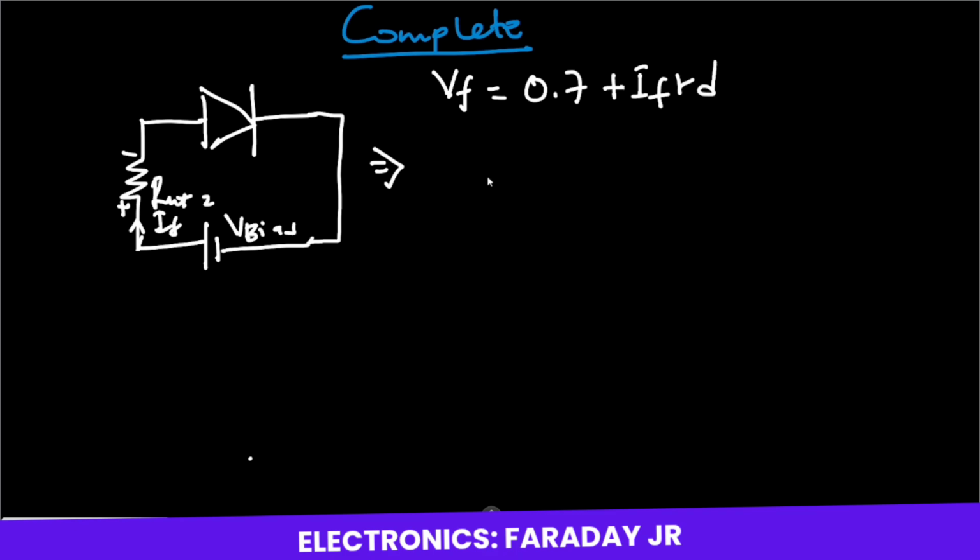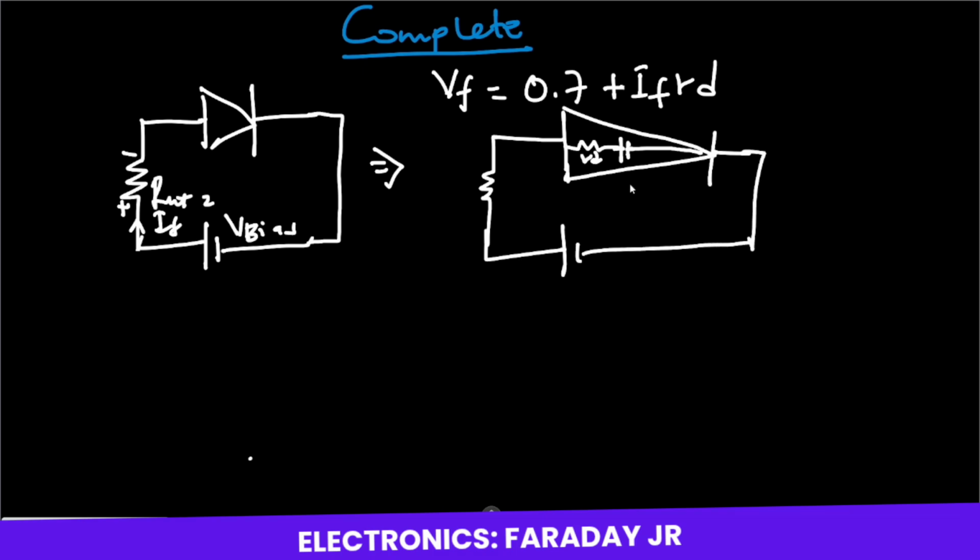So in the system we have the internal resistance being considered. If we enter into the diode, we have the dynamic resistance and the bias potential of 0.7, which add up to give the forward voltage: VF equals 0.7 plus IF RD, in series with the system.